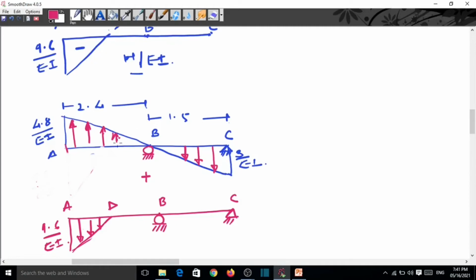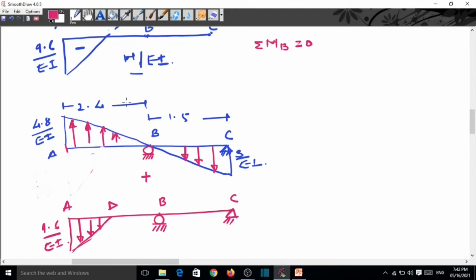Now the next part is to find the reactions for this beam and for this beam also. First we find this reaction RC. Suppose we take sigma MB is equal to 0 for this beam. Take the loading on the beam.